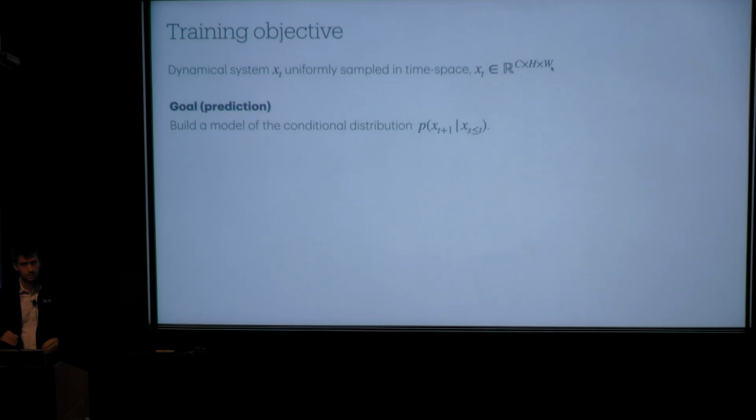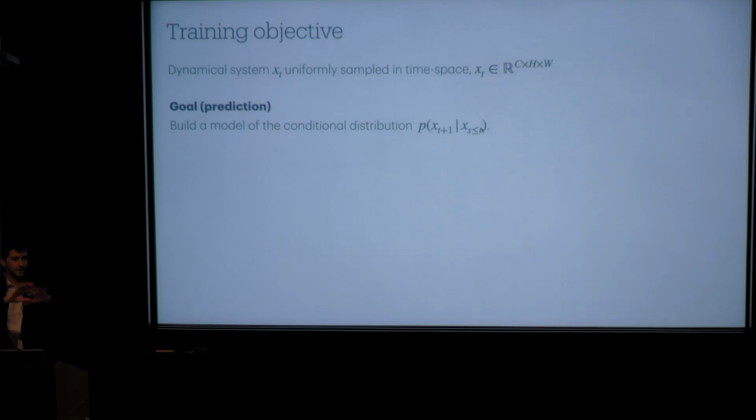The goal in that case, and in general when you do prediction, is to build a model of the conditional distribution of the next states given the past observations. It's not a scientific goal because it's too generic, but that's the problem we wanted to tackle. That's the end goal, what we wanted to deliver on the solar project: a predictive model of the solar dynamics.